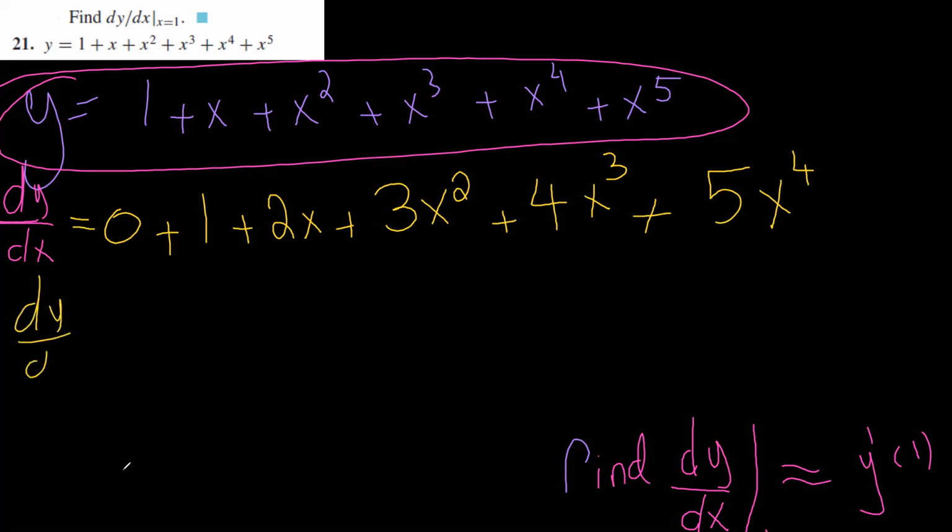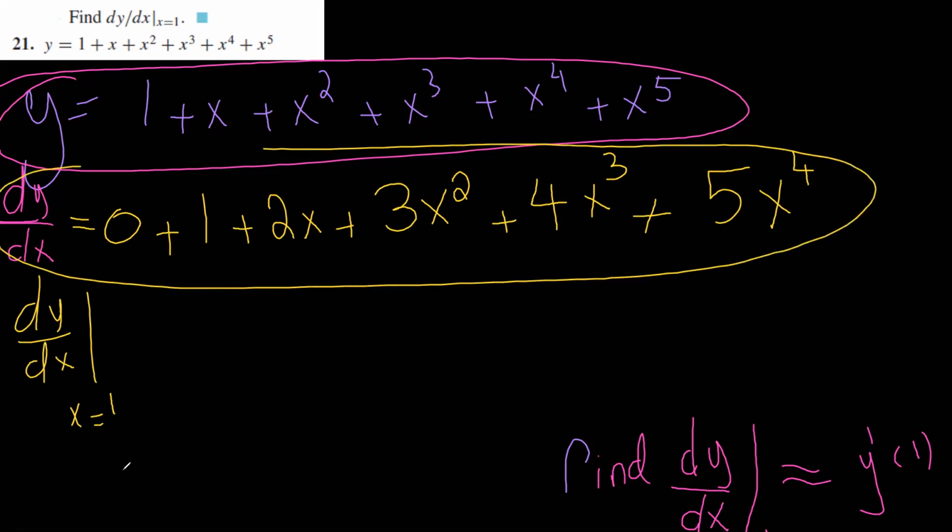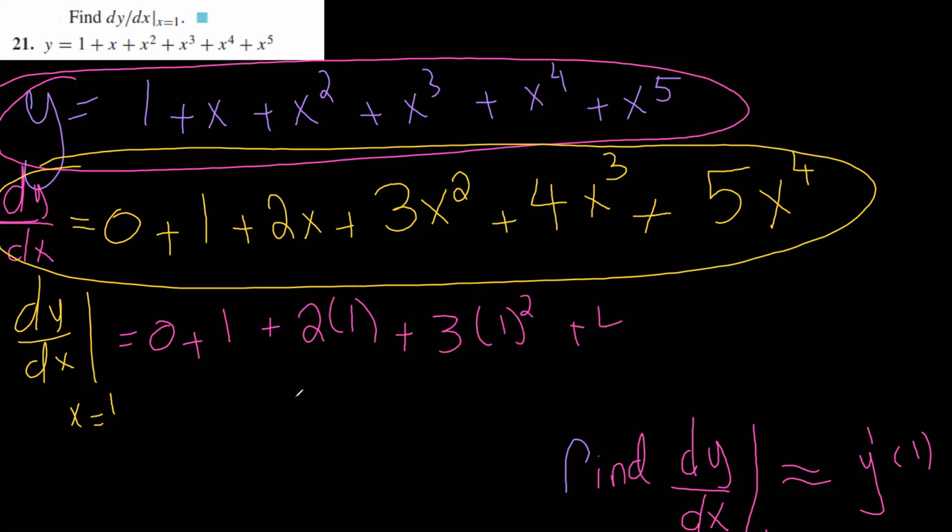Now I want to find dy over dx, but when x equal 1. What does it mean? It means that after I find the derivative, I want to evaluate, or substitute 1 instead of x. Let's do it now. It will be 0 plus 1, keep it as it is, plus 2 times 1, plus 3 times 1 squared, plus 4 times 1 cubic, plus 5 times 1 raised to the power 4.